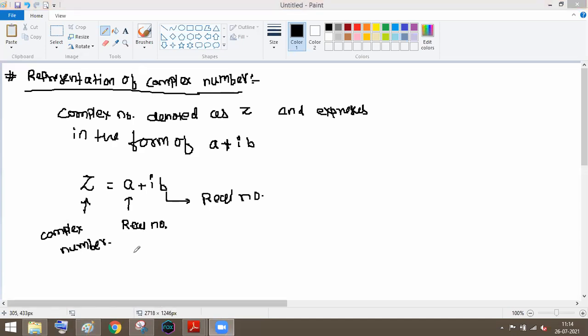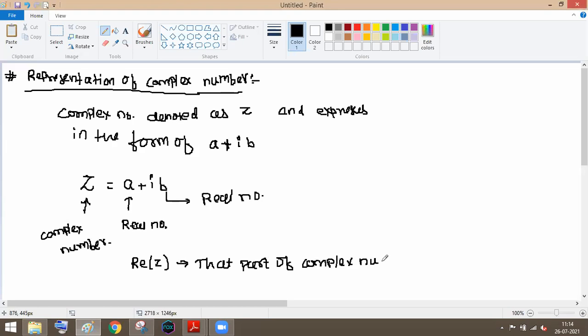Now after that, if I talk about what is the real part of Z, first I will define what the real part of Z is. The real part of Z is that part of the complex number in which there is no iota.